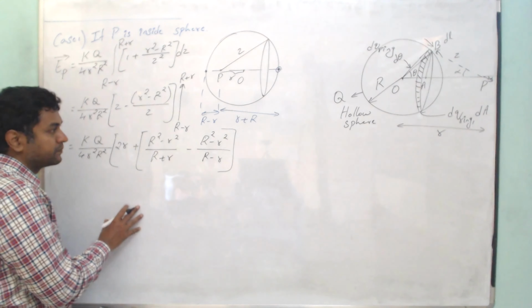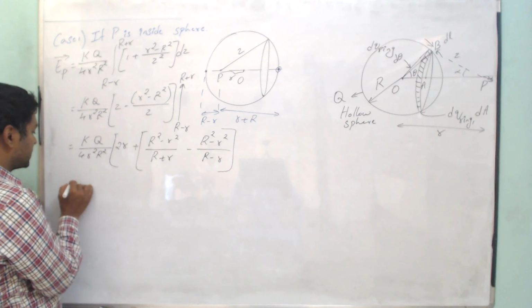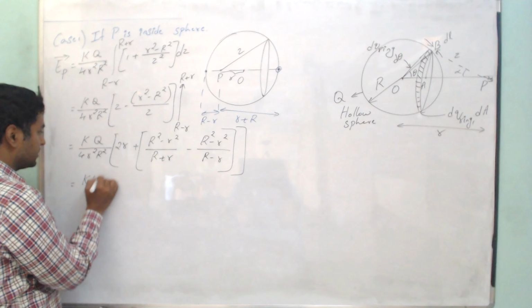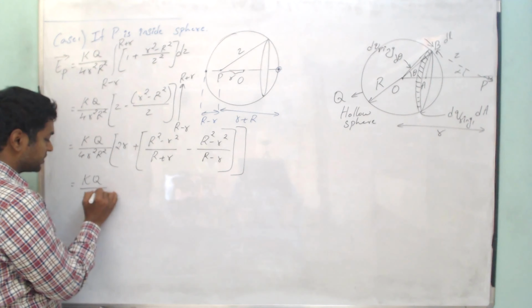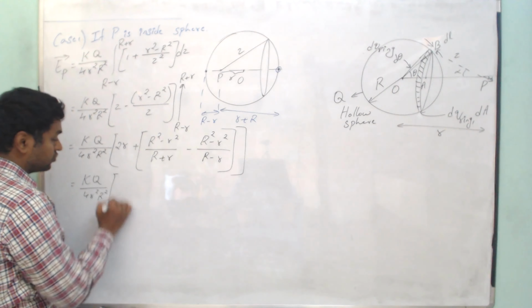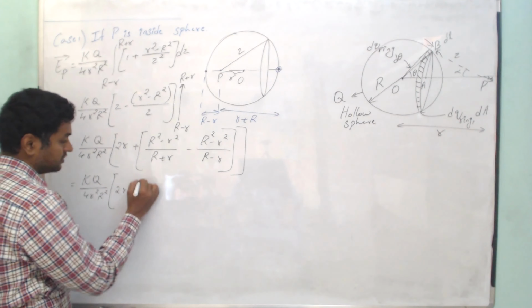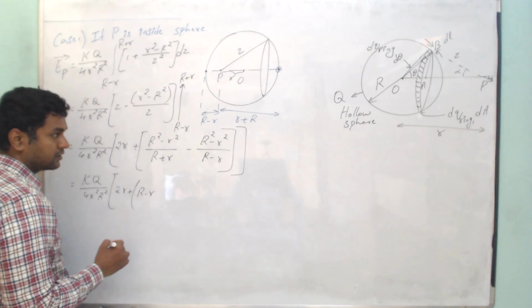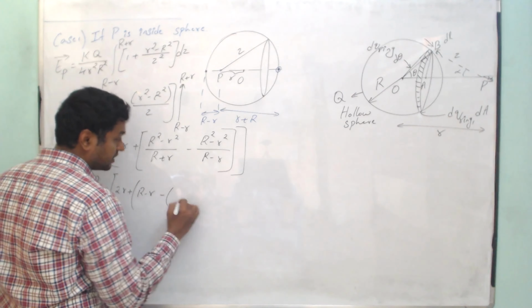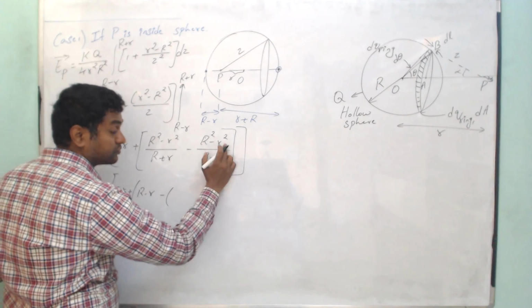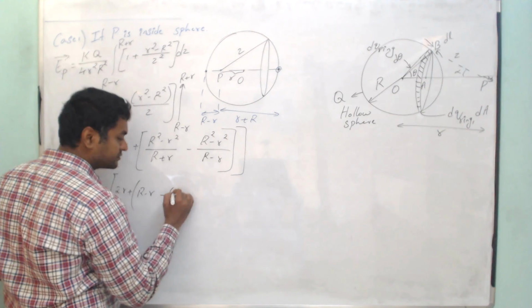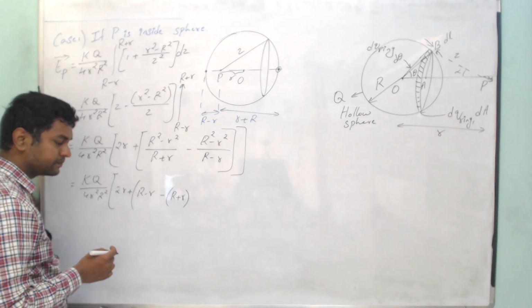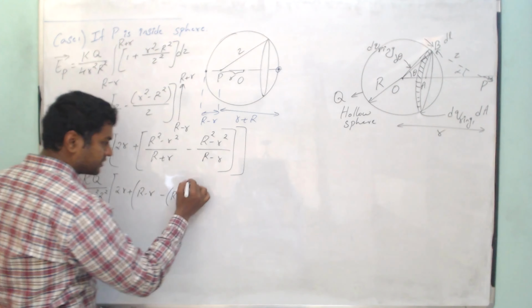So again, close the bracket. Again, starting with kq by 4 r square capital R square into 2r plus, in the bracket I have R minus r, minus, I am putting a bracket for this, a square minus b square by a minus b, I'll have a plus b. Is this clear? Close this bracket, close this bracket.